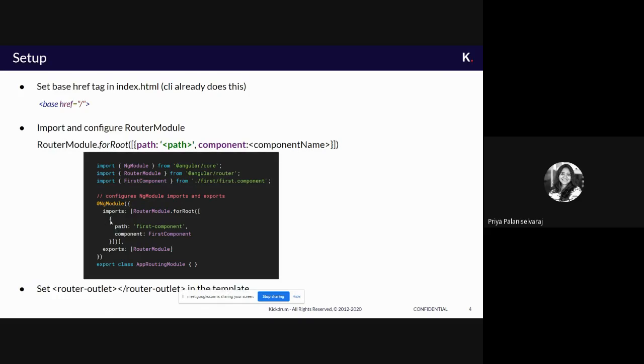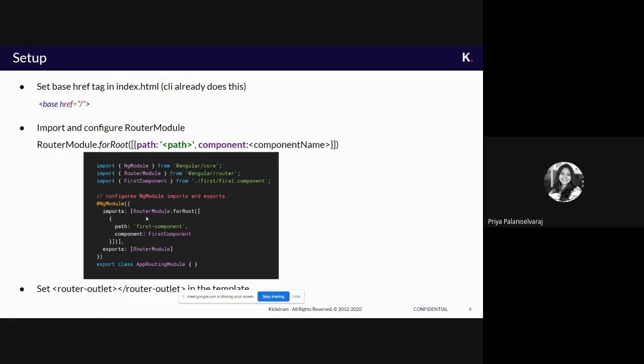Let's say I've created the first component. In the URL, localhost:4200 is the default URL. After that, if you want to route to the first component, like localhost:4200/first-component, you have to mention what the path is and what the corresponding component is.